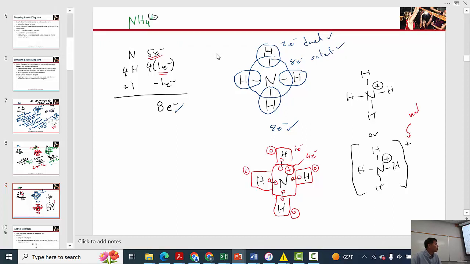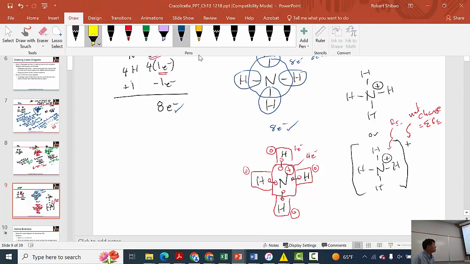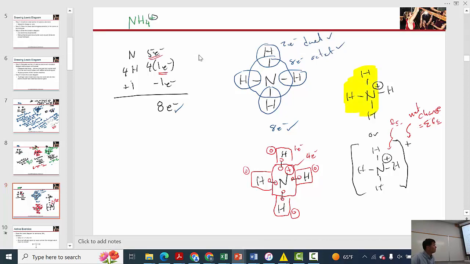This is net charge, which is equal to the sum of the formal charges. And this would be the formal charge here inside the bracket. So either this top structure here or the bottom structure is fine for the final answer. The final answer would be this little structure here or here with the brackets.